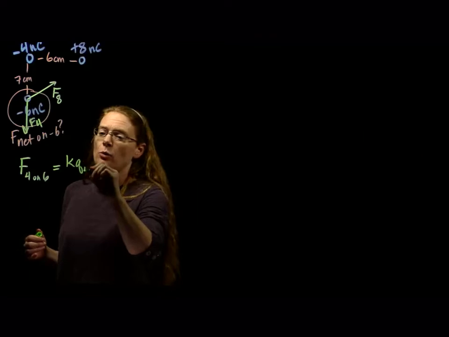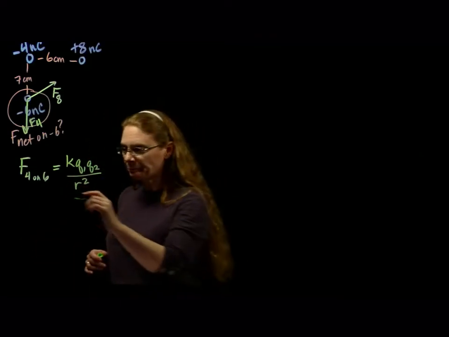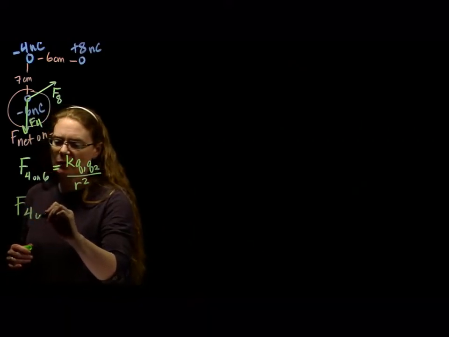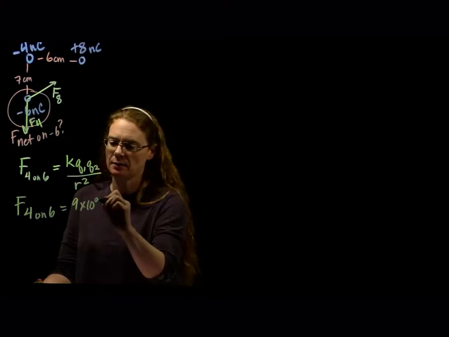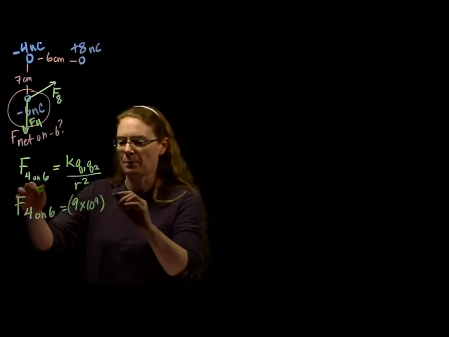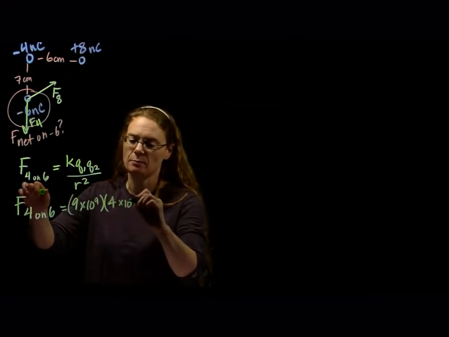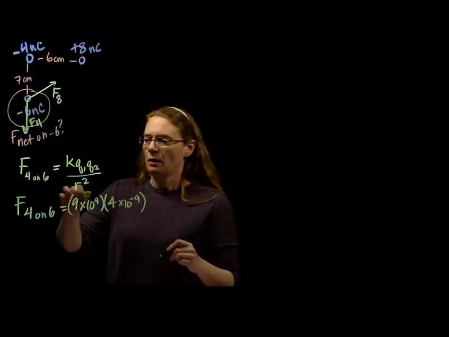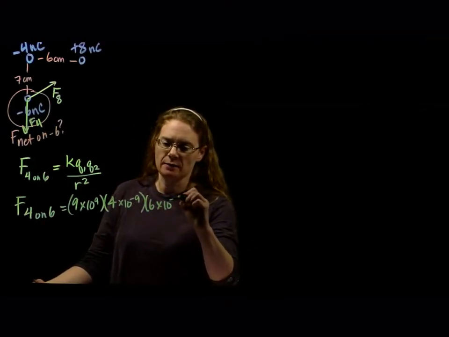So for this one, the 4 on the 6, K is a constant, 9 times 10 to the 9th. Q1, one of the charges, let's do the 4. So that's 4 nanocoulombs, 4 times 10 to the -9. The other charge, 6 times 10 to the -9, because it's nanocoulombs.